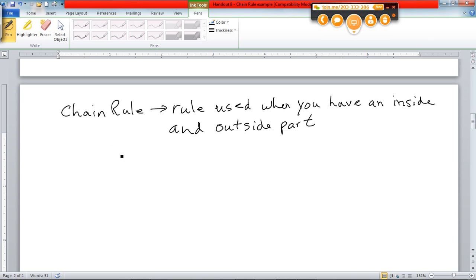Here it is. This is not by any means a technical way of doing it, but it's just like we stated. For a function, y equals, you've got an inside part and outside part. The derivative by the chain rule is this. You do the derivative of the outside part, usually first, and then multiply that by the derivative of the inside part.